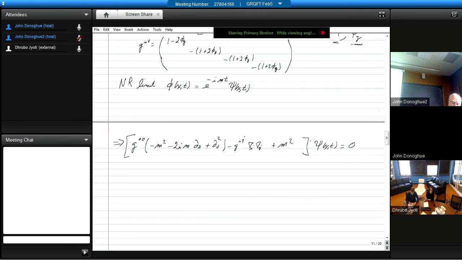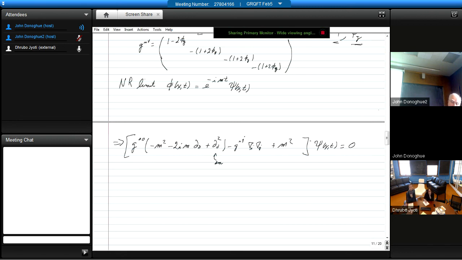At this stage, the non-relativistic limit is gotten by noting that the residual time dependence is small, so I'm going to drop d0 squared compared to one time derivative.